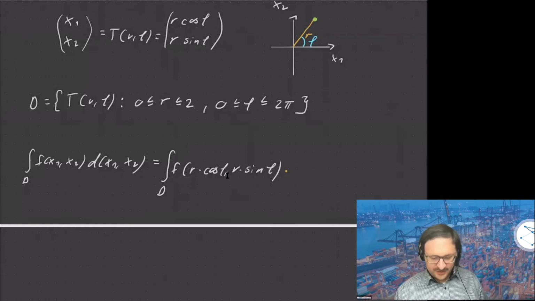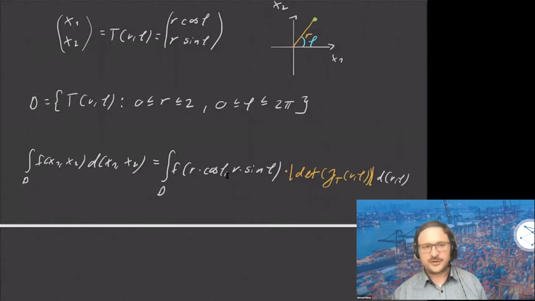What you need to do here is basically you need to determine the determinant of the Jacobian of that transformation, right? So doing that, and then multiplying with the absolute value of the determinant, that gives you the factor that you need here. And then you can just replace this integration by an integration over r and phi instead.